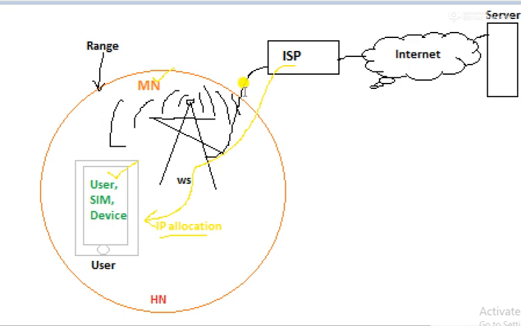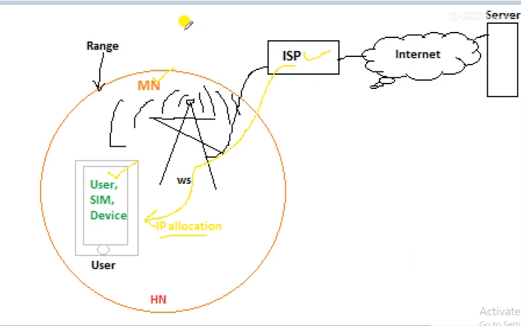This ISP may have different types of policies also. If you consider another internet service provider, then that internet service provider may have different policies and rest of the things.